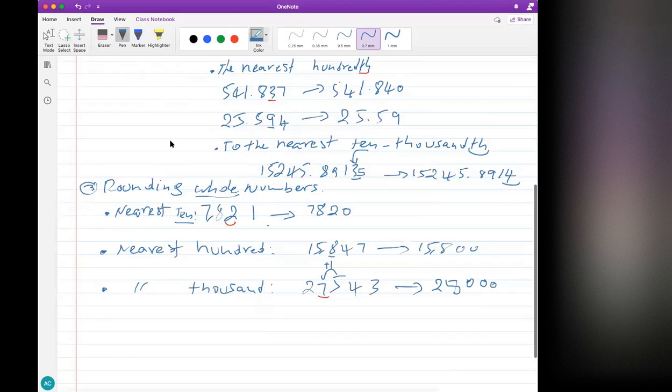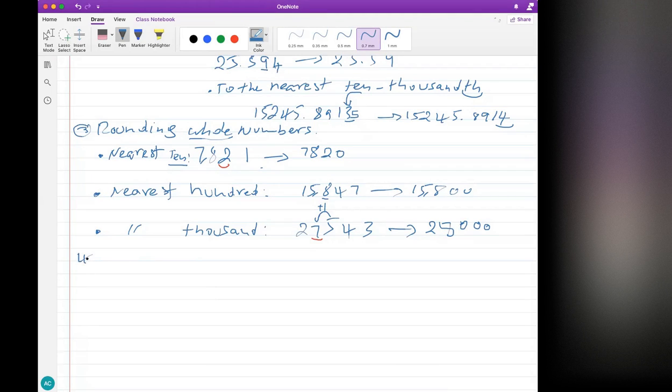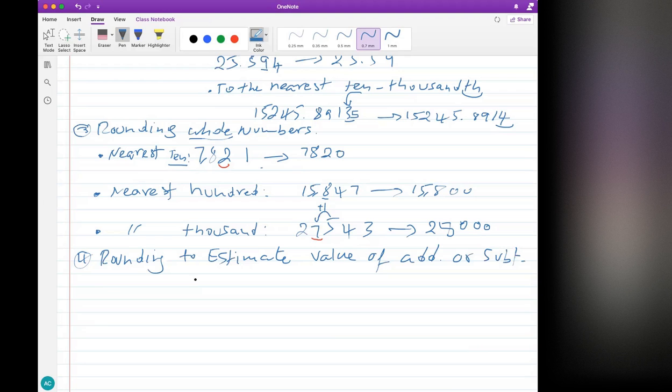So, rounding to estimate addition or even subtraction. Let's say we're trying to add, starting with smaller numbers.